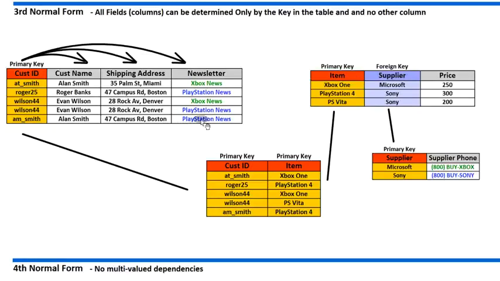So the multivalued dependency is a situation where one column can have a different number of values than, let's say, the other column. For example, in this database, I didn't allow multiple shipping addresses per customer. Every customer has one shipping address, but they have multiple newsletters.